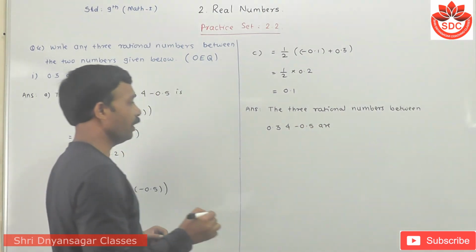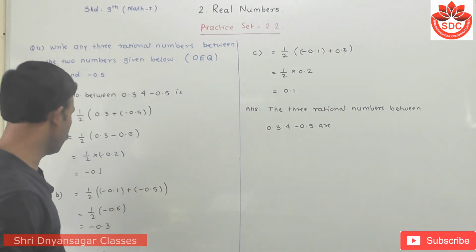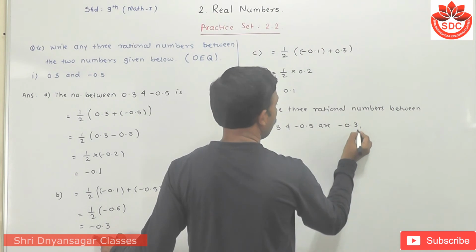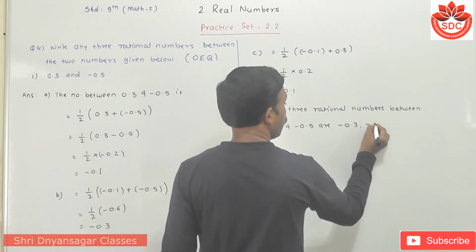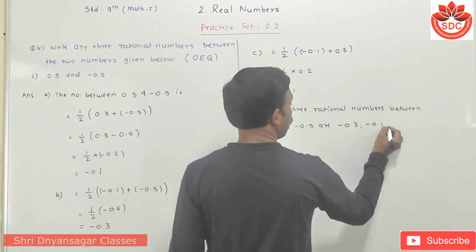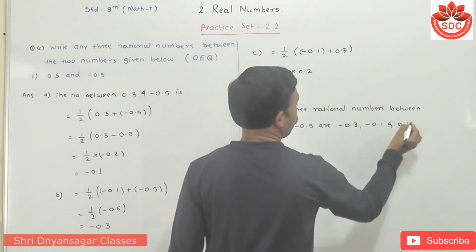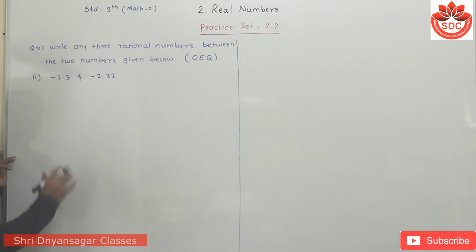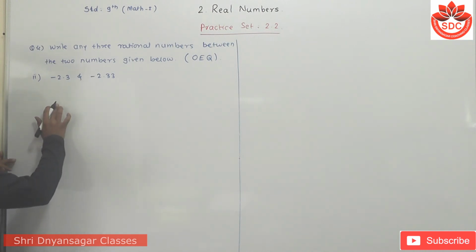Now first we have to take the numbers in between. The first one is -0.3, then -0.1 and the last one is 0.1. Okay, we take the next question. We take the second question.